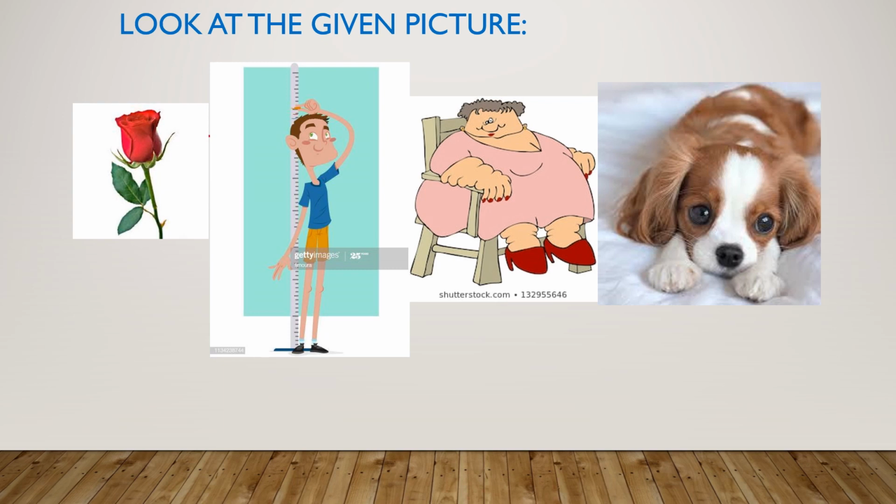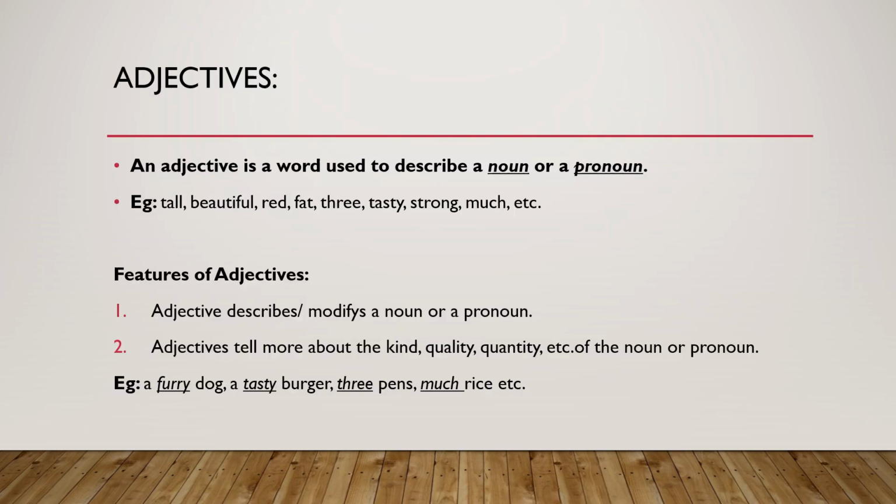So the words that you used to describe these pictures are called adjectives. As we already know, adjectives are the words that we use to describe a noun or a pronoun. And the same thing we study in the definition of adjectives. An adjective is a word used to describe a noun or a pronoun.